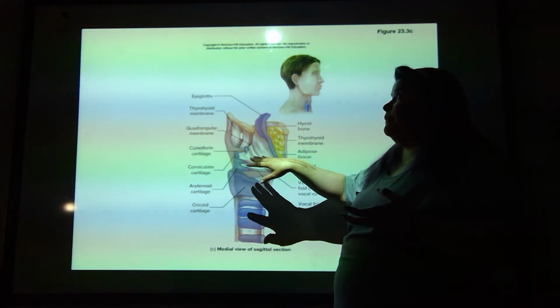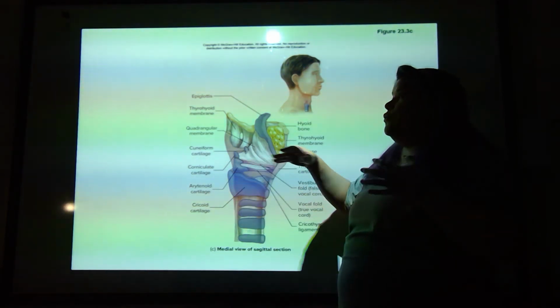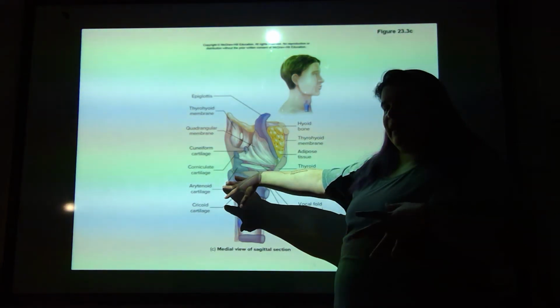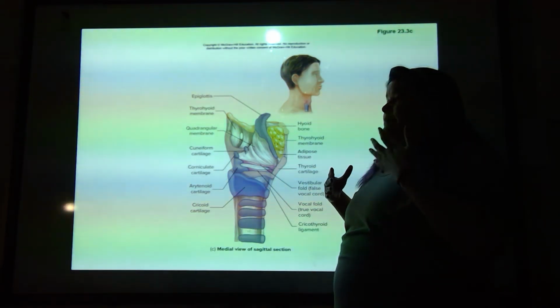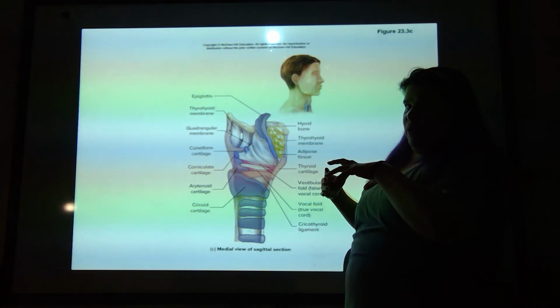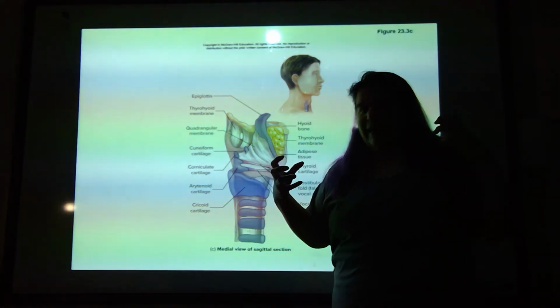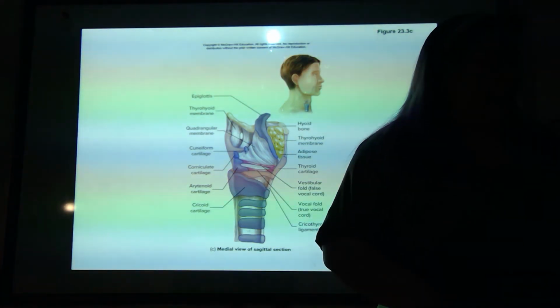So your vocal cords are anchored to the arytenoid cartilage, okay? So when we make our voice go high or make our voice go low, it's literally based on how tightly we are yanking those vocal cords, okay?